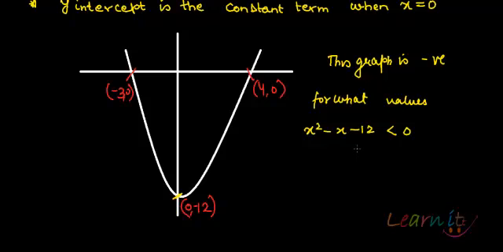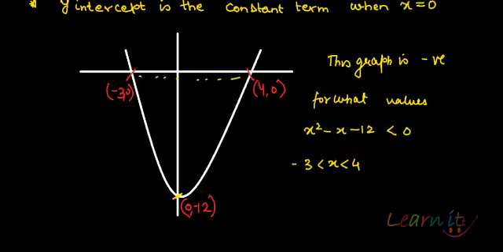It will be less than 0 when x is between minus 3 and 4. So here, in between here, this is negative.